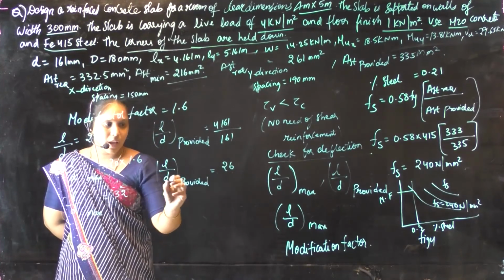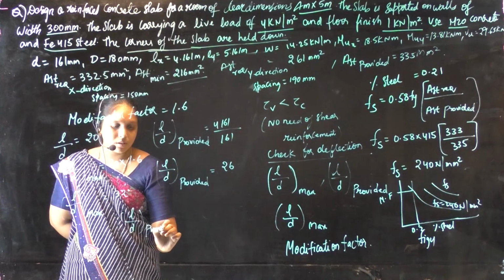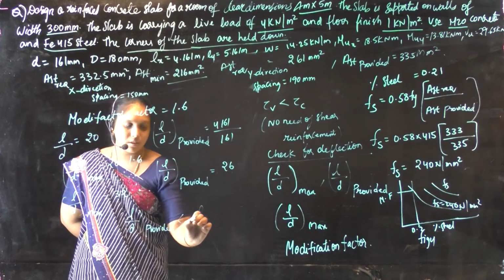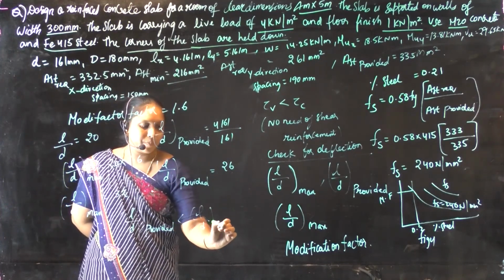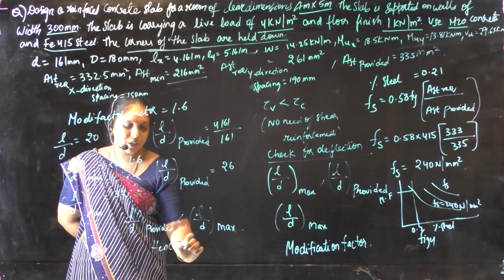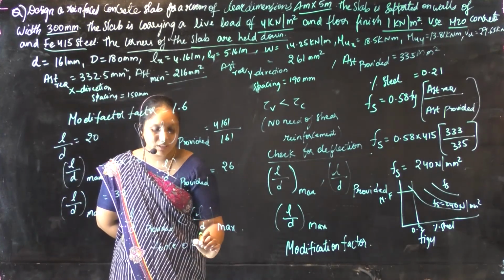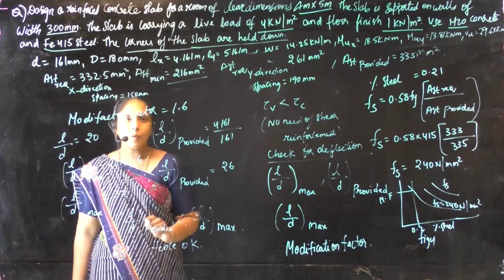So L by D provided is less than L by D max. Hence the check for deflection is okay. What we have provided is less than the maximum value, hence the check for deflection is also okay.